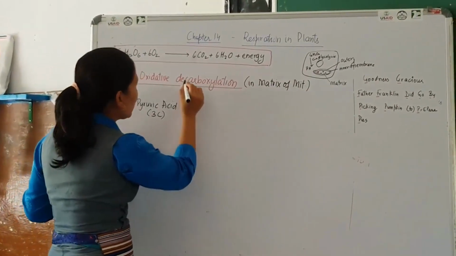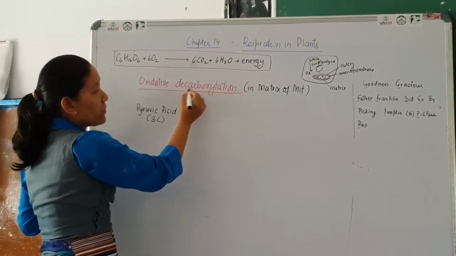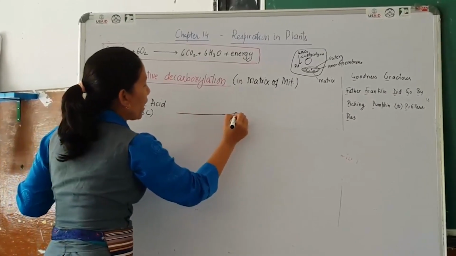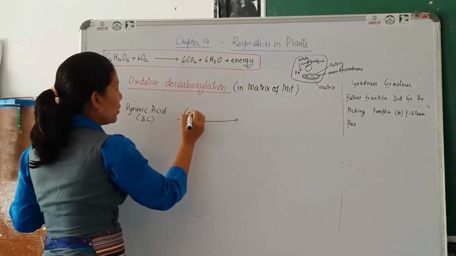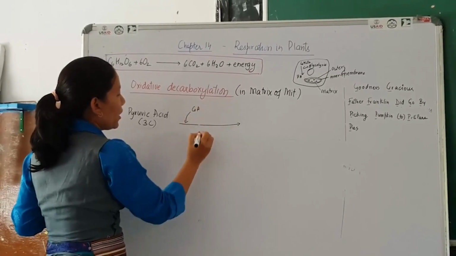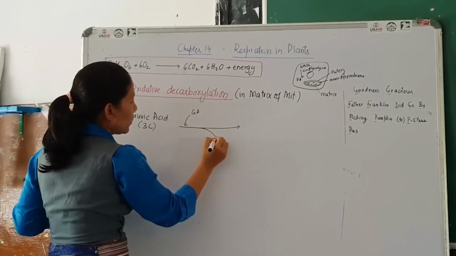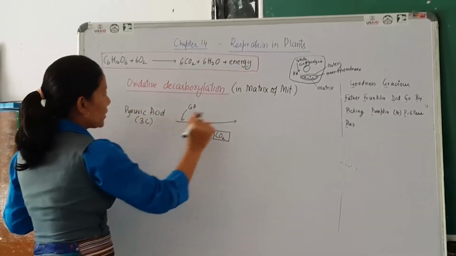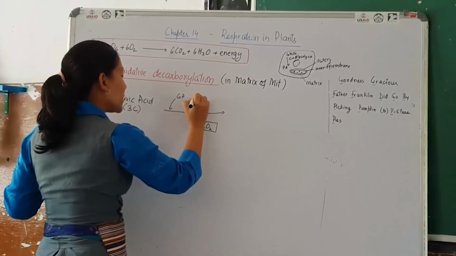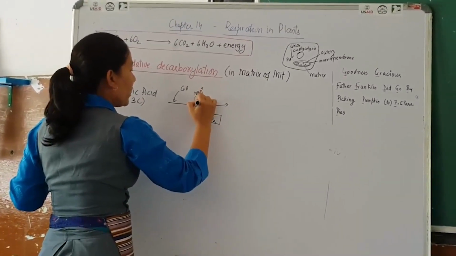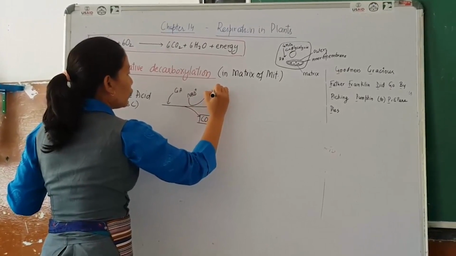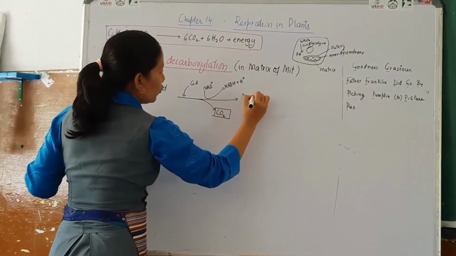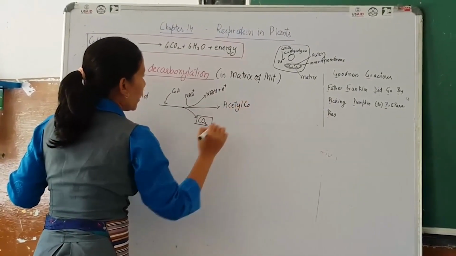Now this pyruvic acid undergoes oxidative decarboxylation. The name itself says decarboxylation, removal of carbon dioxide. Okay, so with coenzyme A, they lose a molecule of carbon dioxide, and then again it involves reduction of NAD plus to NADH plus H, giving rise to acetyl-CoA.